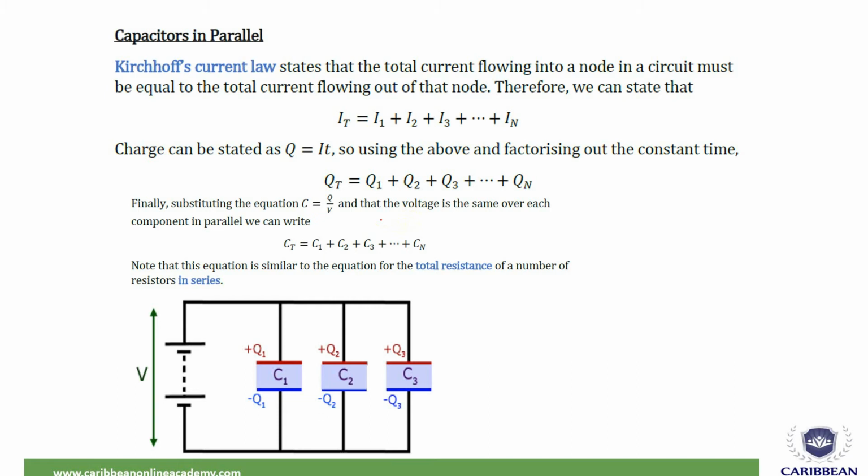So we could replace I with Q divided by T. We know that the T's are going to cancel out. So we're left with the total capacitance for capacitors in parallel being the sum of the capacitors. So whenever you have capacitors in parallel, you sum the capacitors.